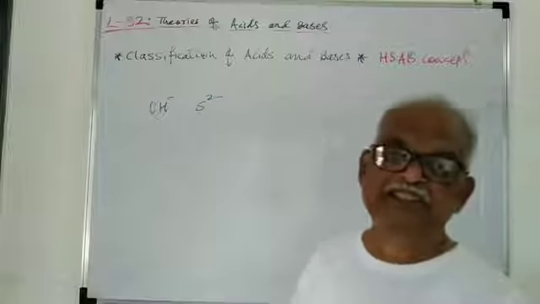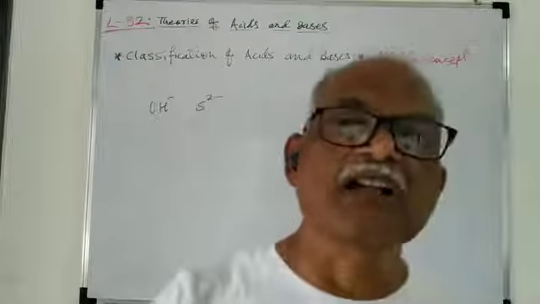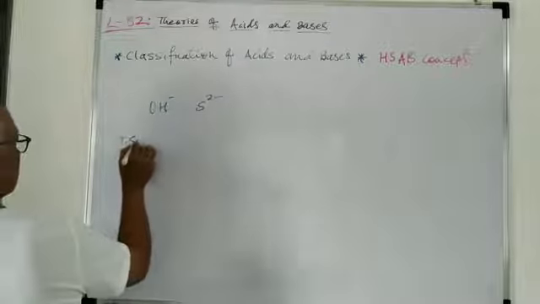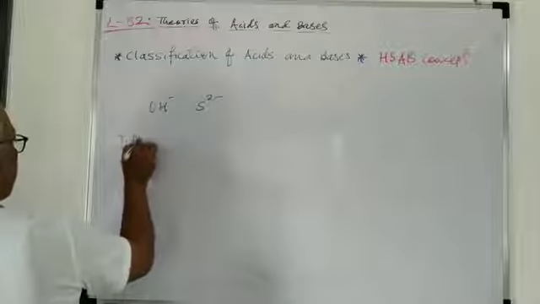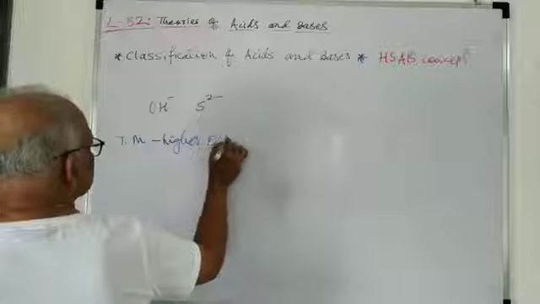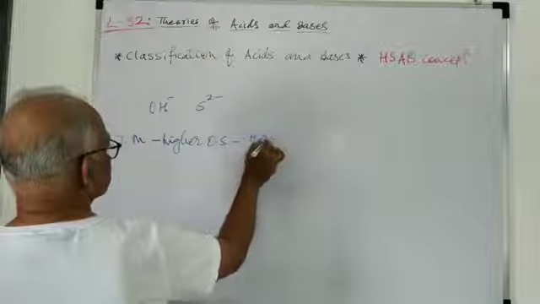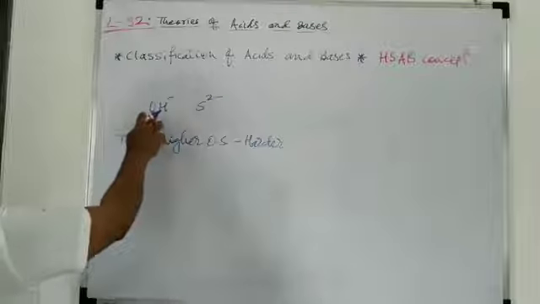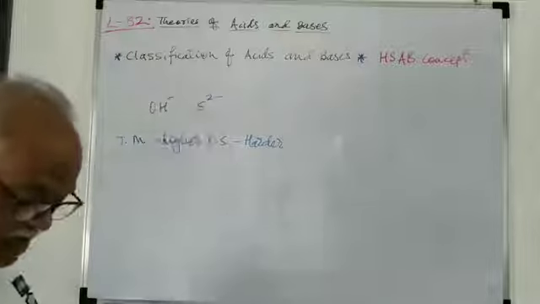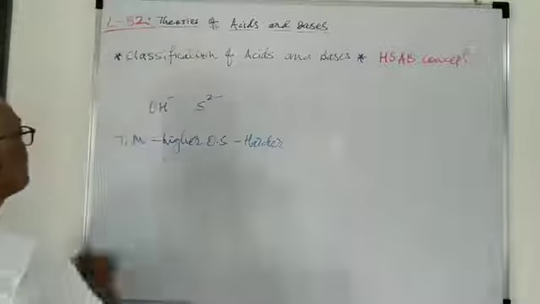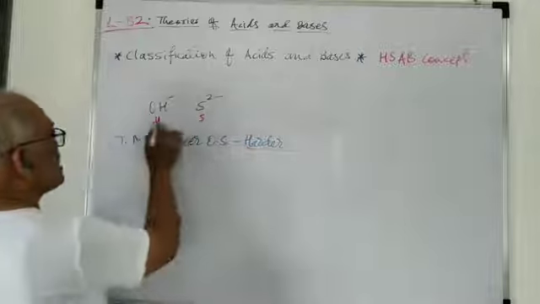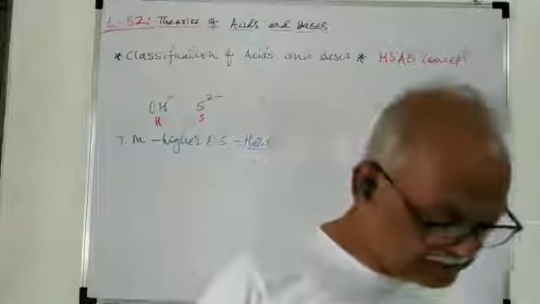Transition metals with higher oxidation states are harder species. So they will react more preferably with OH minus and not with S2 minus, because here OH minus is hard and this is soft, and these metals are also hard. So here the hard combination is preferred.